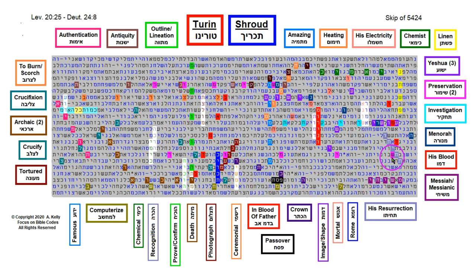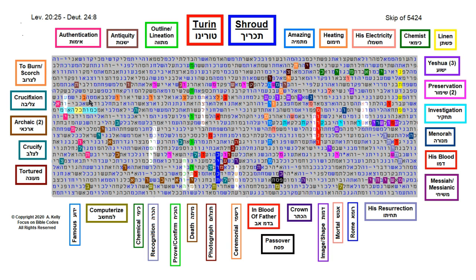There and here. Both times going horizontal. And to burn or to scorch is in this orange color. And you can actually see on the shroud where it was scorched by fire, and then where the subsequent water damage happened when they saved it from the fire.